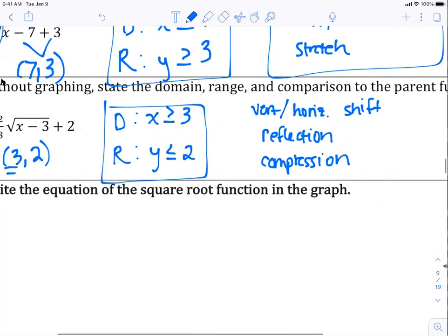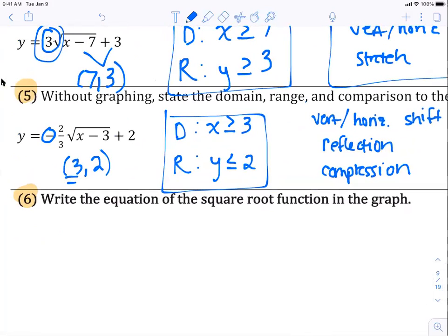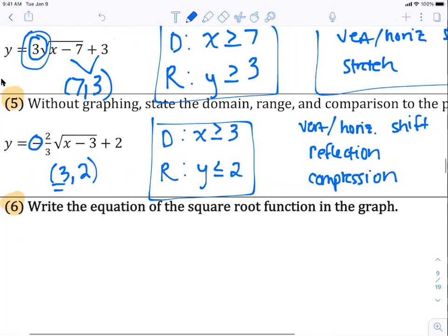Now, if you need a picture of this graph to be able to tell, just because I didn't make you graph it doesn't mean you can't use your calculator. If you want to graph this and see which direction it goes and then determine your domain and your range, that's totally fine. But out of all the transformations, this one had almost all of them. You have both a vertical and horizontal shift because you have a starting point other than at 0, 0.